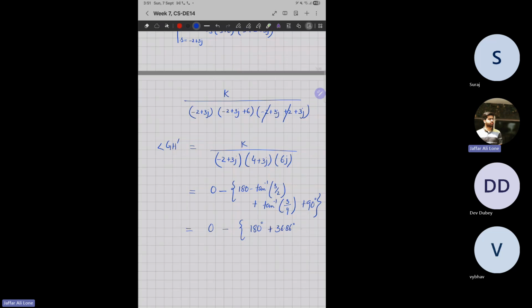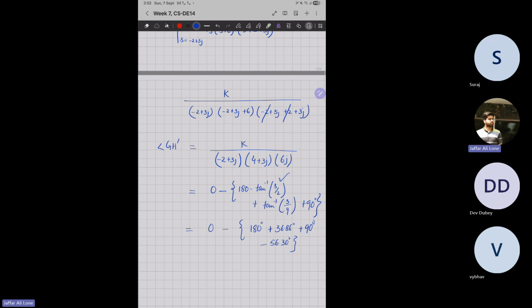So this is plus 90°. And for this part, minus tan inverse of 3 by 2, which we find from the calculator: 56.30°.